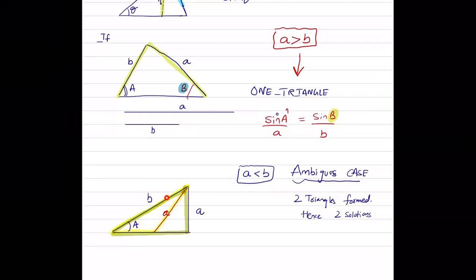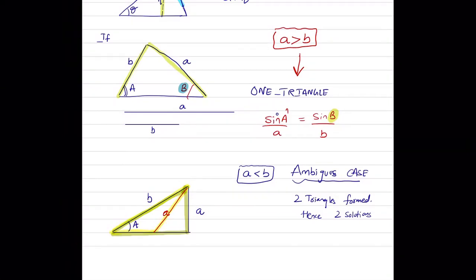One could be this yellow triangle, in which I have this angle A, this length B, and this length A, and the other triangle that could be formed is the outer one, in which I can have this as my length A, this as the length B, and the same angle A.